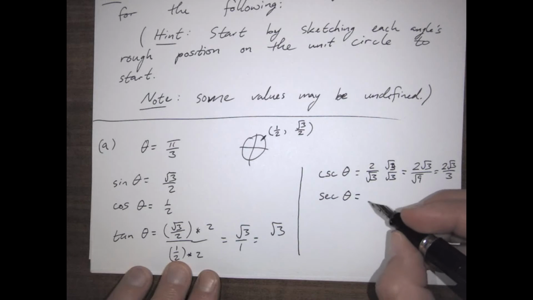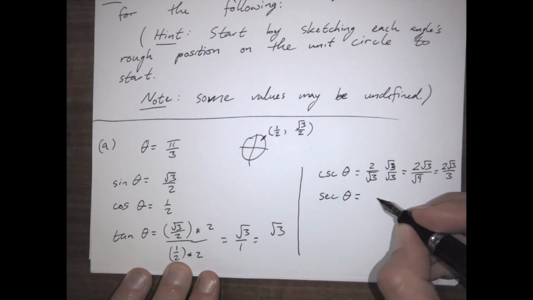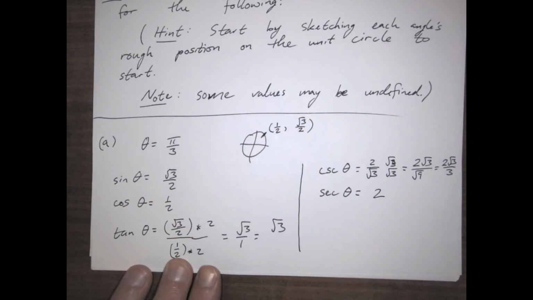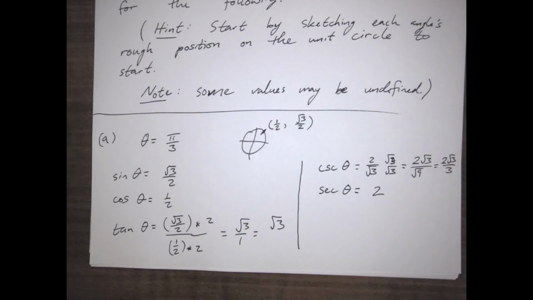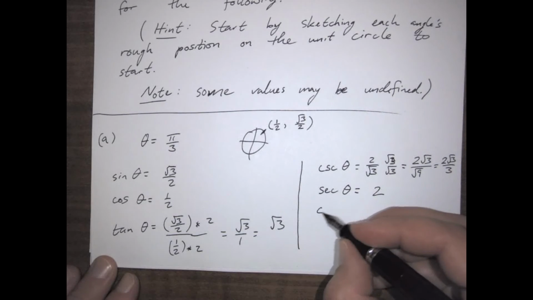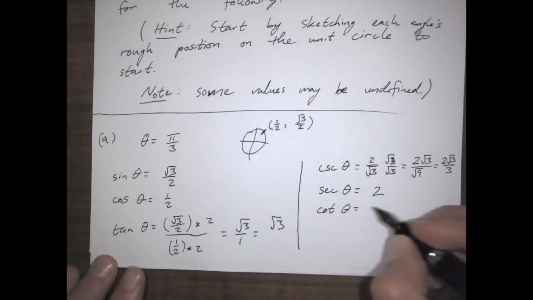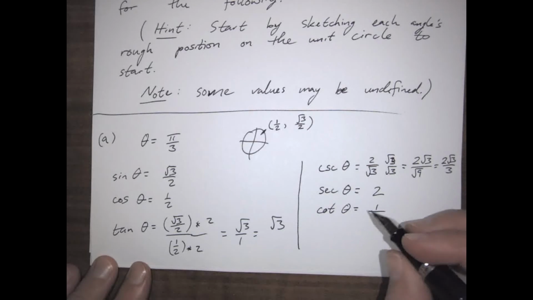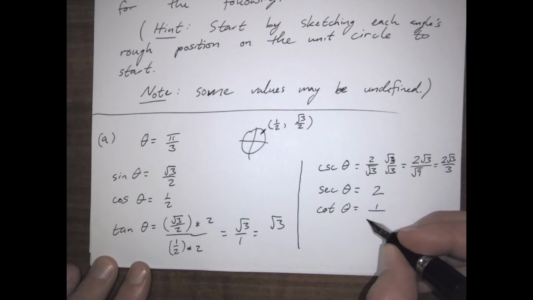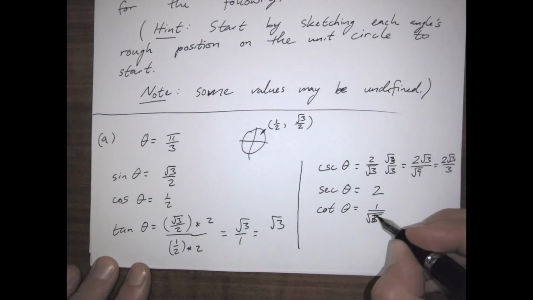Secant theta. The reciprocal of cosine. That's just going to be 2 over 1, or just a 2. Cotangent theta is the reciprocal of tangent, which is going to be 1 over root 3.